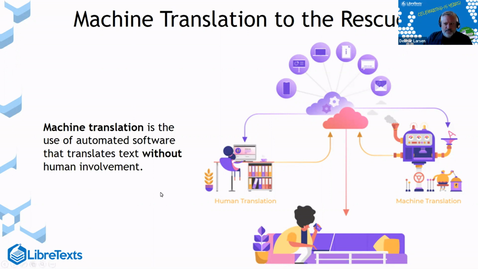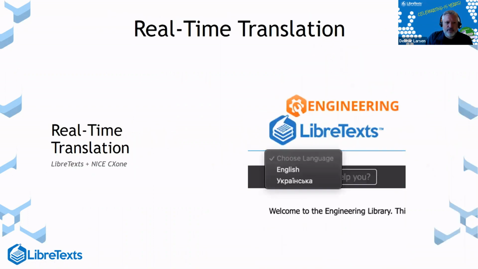Now, I am not an expert in this in any way whatsoever, but I've certainly recognized that the quality of machine translation has advanced a lot over the last decade. The key component is that machine translation can operate at scale. It can operate without human involvement, and therefore it doesn't involve the financial investment.